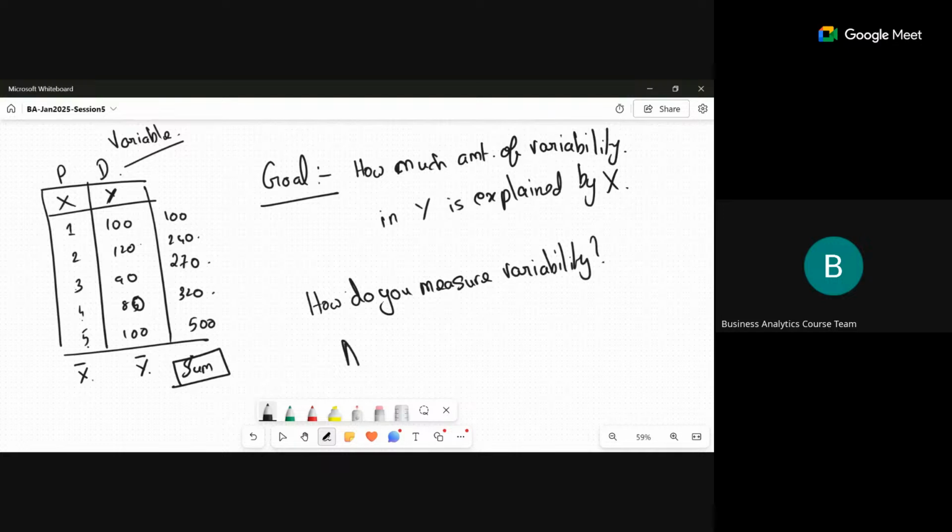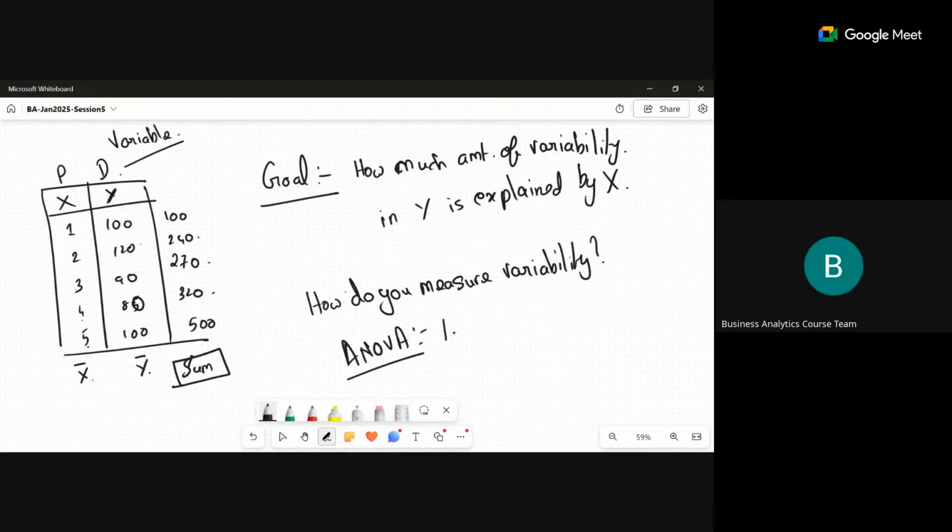In ANOVA, in fact, we will be seeing this in the course also. What is ANOVA? What is the full form for ANOVA? No one.